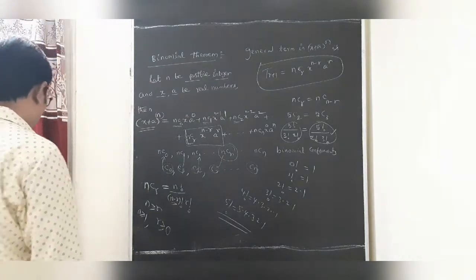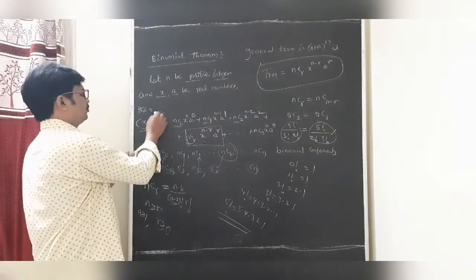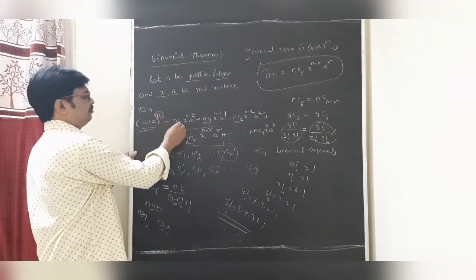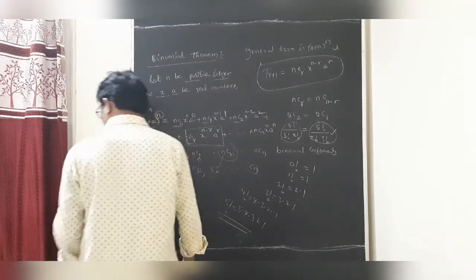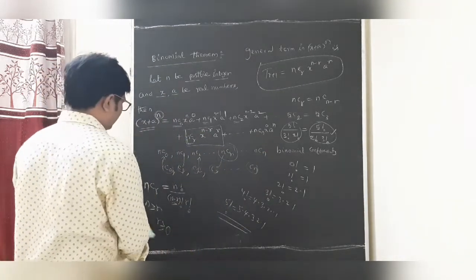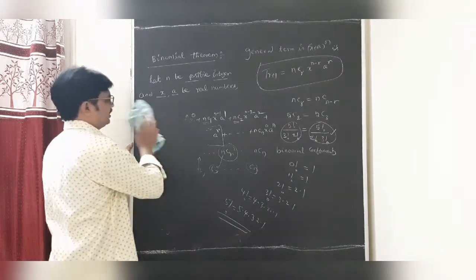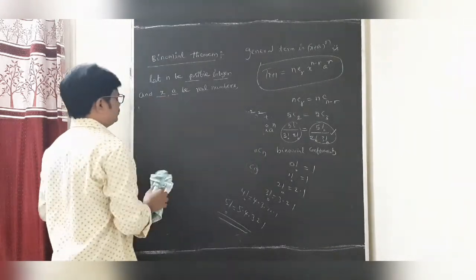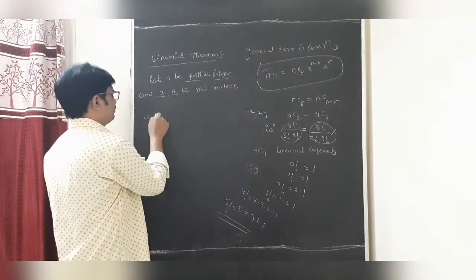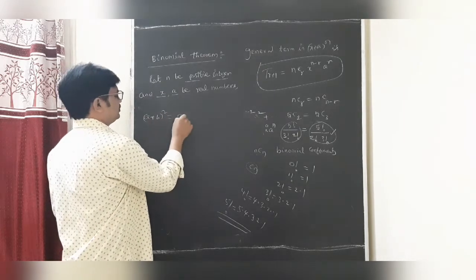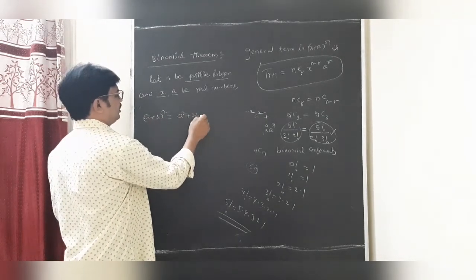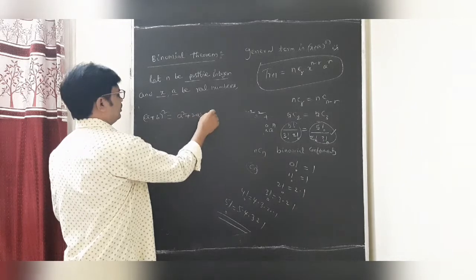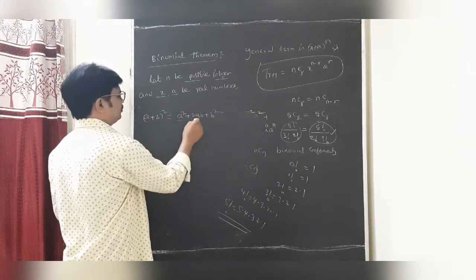Dear students, in the binomial expansion, suppose the index is n, the number of terms in the expansion is undoubtedly n plus 1. Suppose we take (a plus b) whole square. This is a square plus 2ab plus b square; everybody knows that. 1, 2, 3.